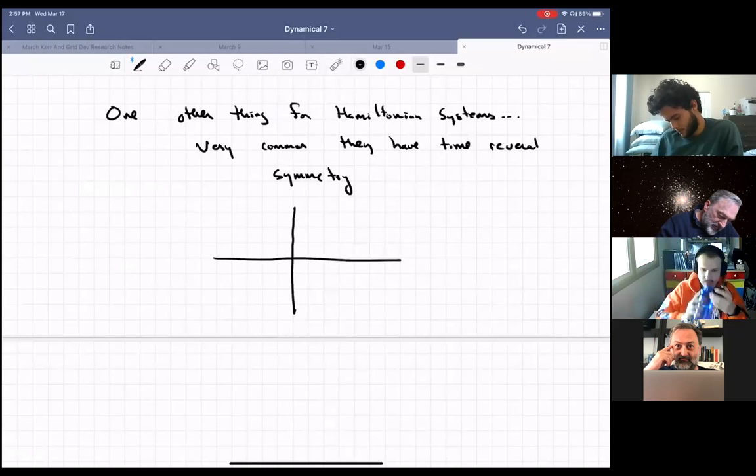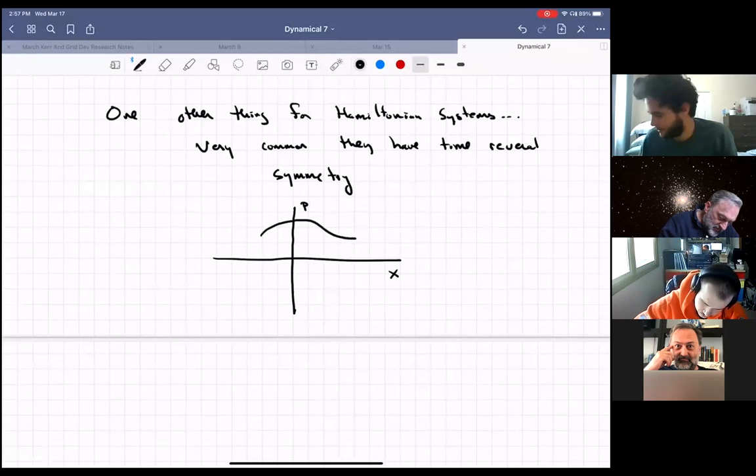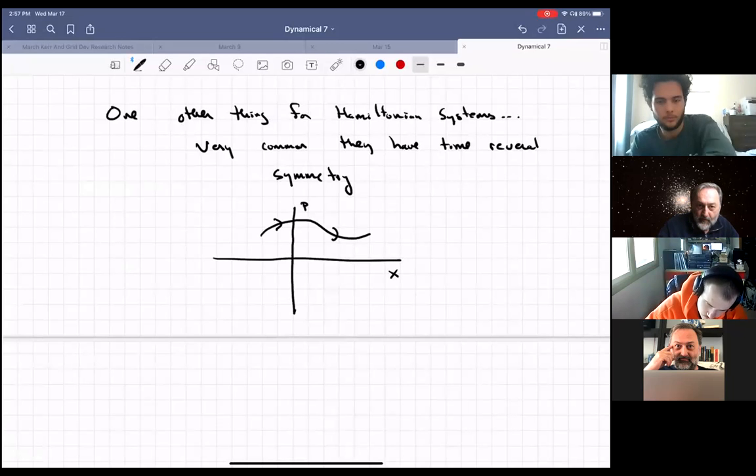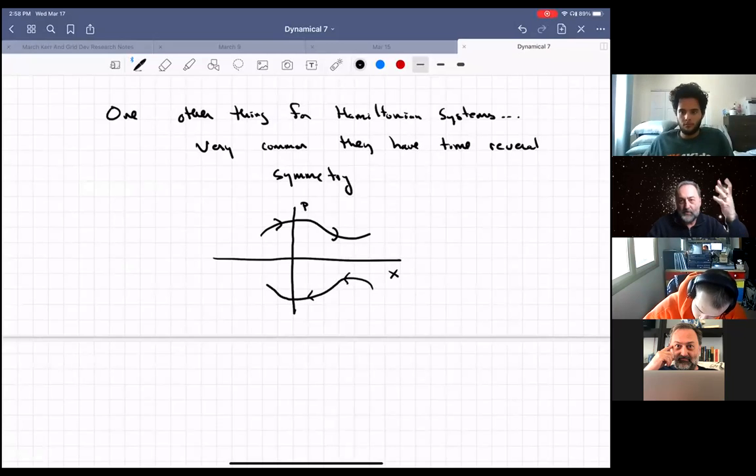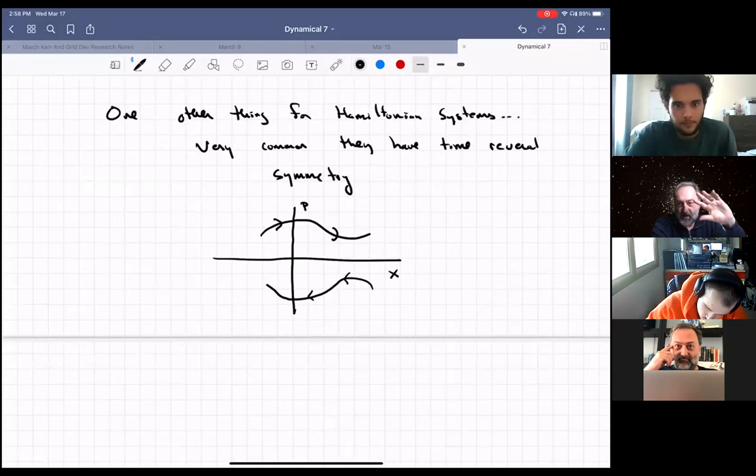If this is the positions and this is the momentum, and up here you have some trajectory that looks like that, under time reversal, you end up with a flow down here that's the mirror image around the x-axis.